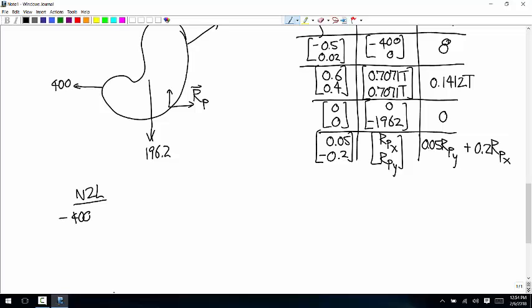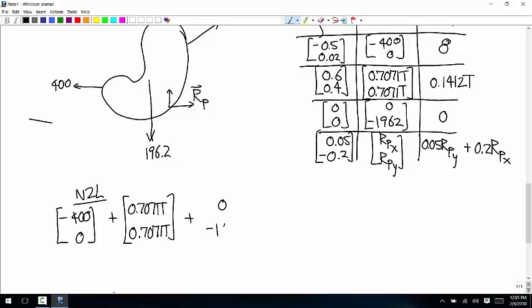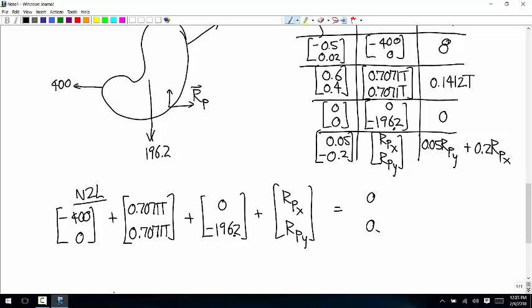So negative 400, 0, plus 0.7071 T, 0.7071 T, plus 0, negative 196.2, plus RPX, RPY is equal to zeros.